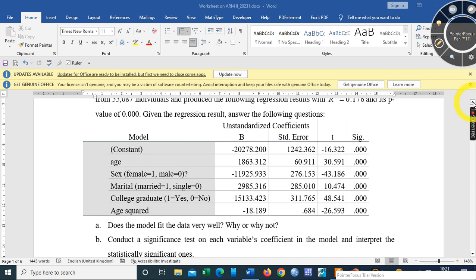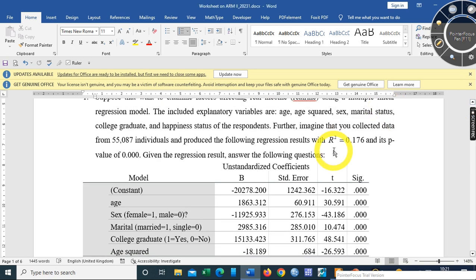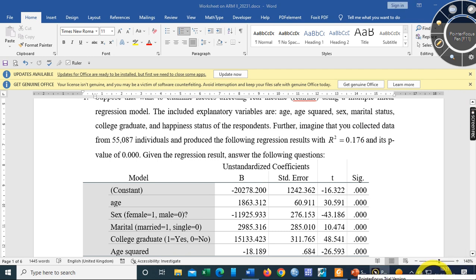As you may recall, in order to comment on the goodness of fit of the model, what you need to do is to look into the statistical significance of R square. You need to make sure that the estimated R square of the model is statistically significant, and in order to do so, we need to check the p-value of the R square.